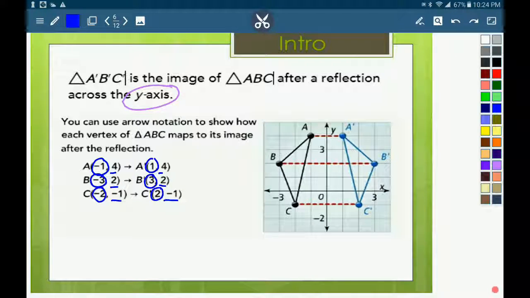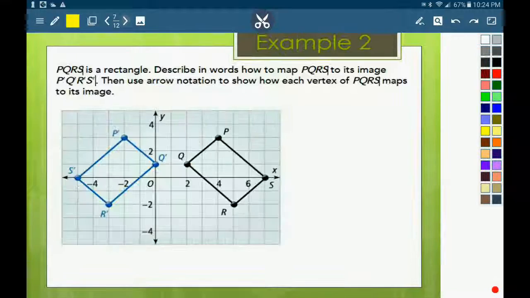We can also say the opposite is true. If we were to reflect over the x-axis, the y's would just become opposite. So keep in mind this idea of using arrow notation, just like we did in the last lesson for translations, to help you notice patterns where points may be changing and you can make a generalized conclusion.